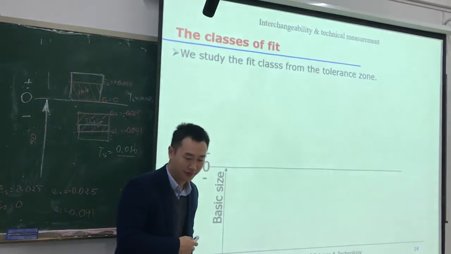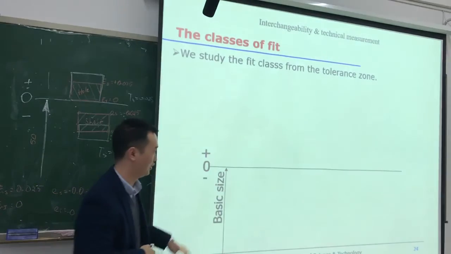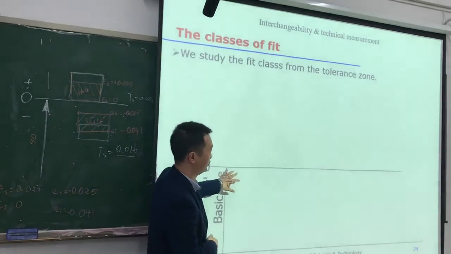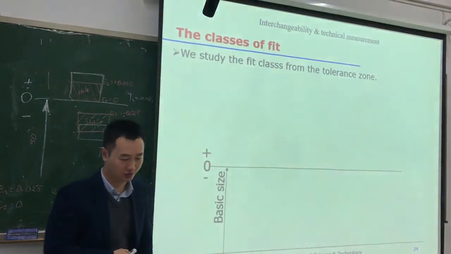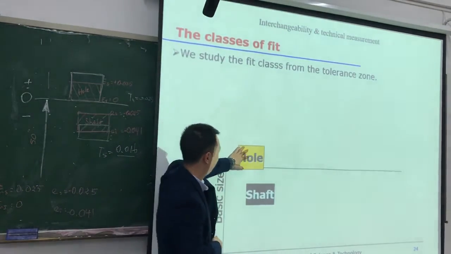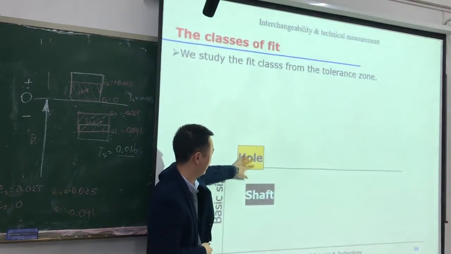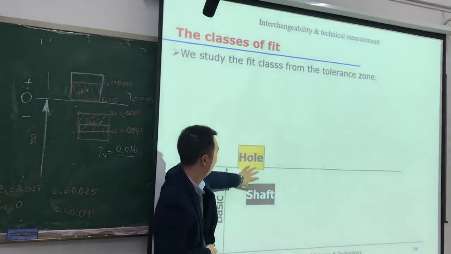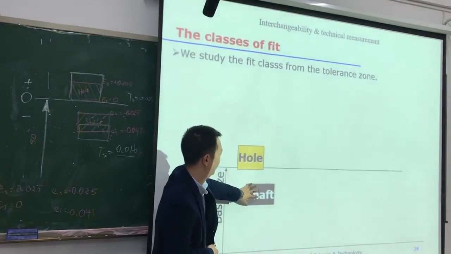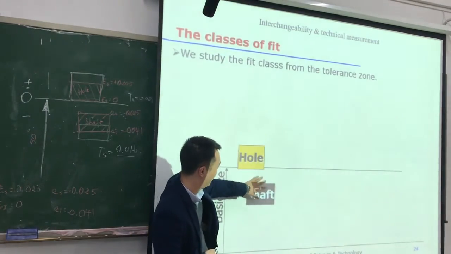We can learn the classes of fit from the tolerance zone we just learned. For example, if the tolerance zone is drawn like this, what class of fit do you think it is?